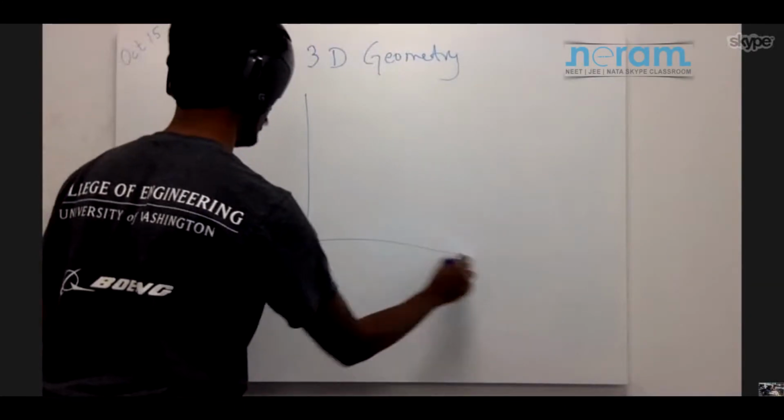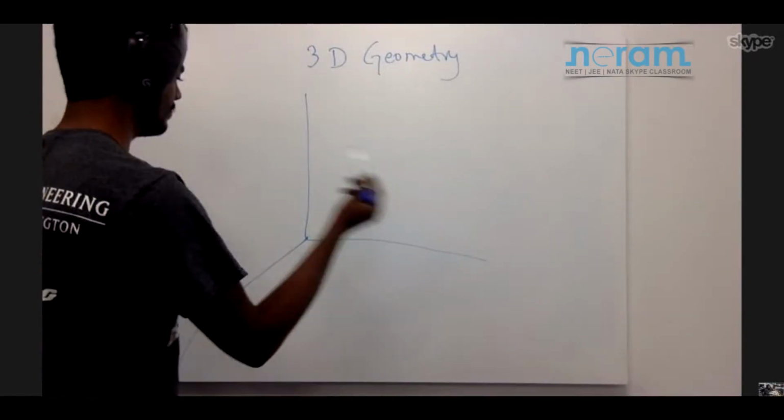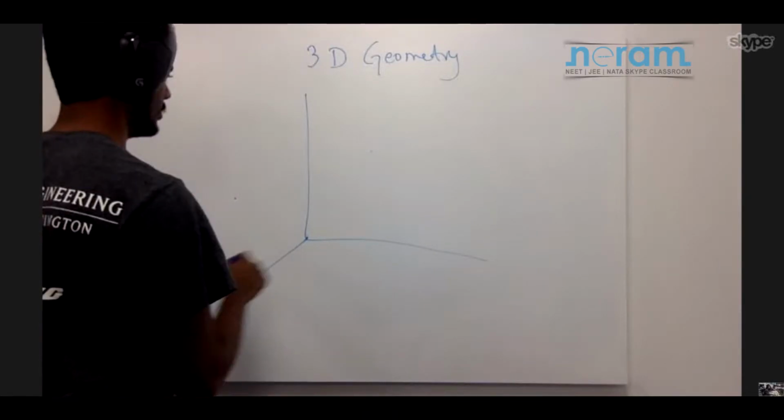Next, distance between 2 points எப்படி மெஷர் பண்ணலாம்? இங்க ஒரு பாயிண்ட் இருக்கு, இங்க ஒரு பாயிண்ட் இருக்கு.